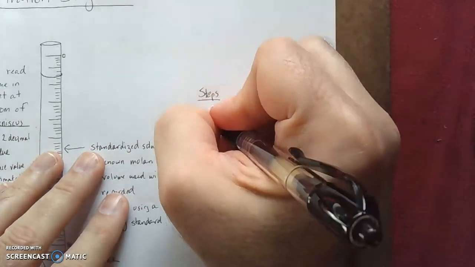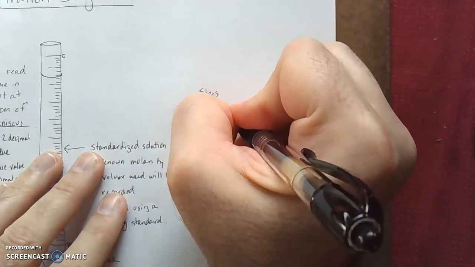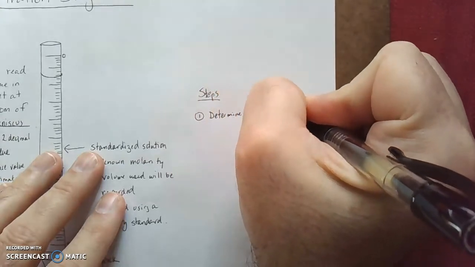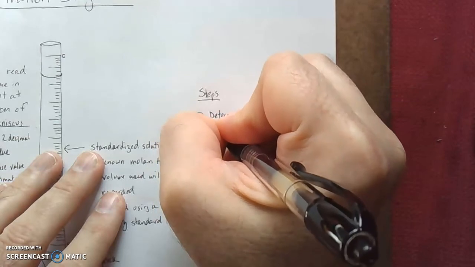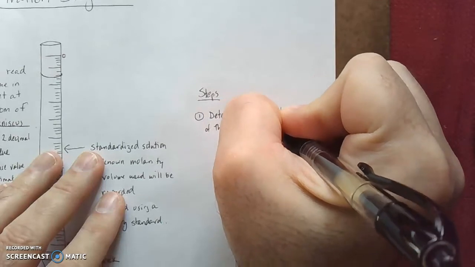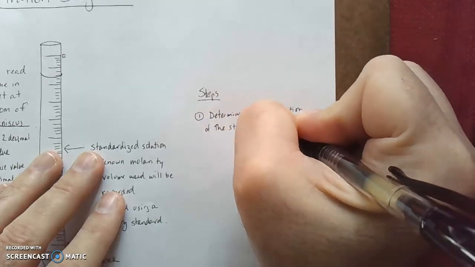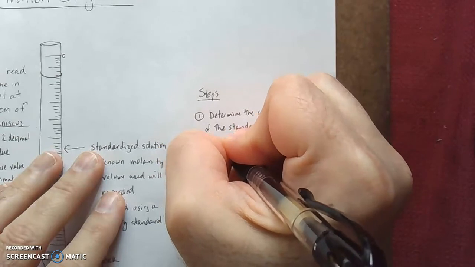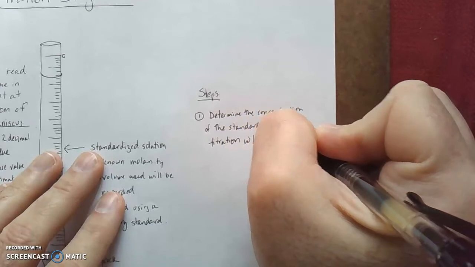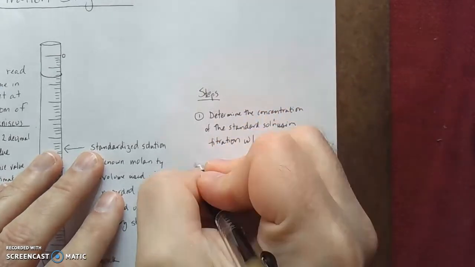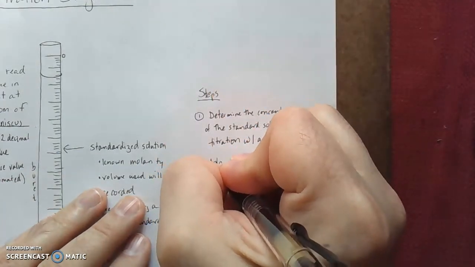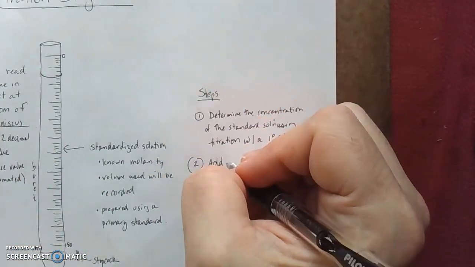First, we are going to determine the concentration of the standard solution using titration with a primary standard. Our second step, we're going to do a second titration.